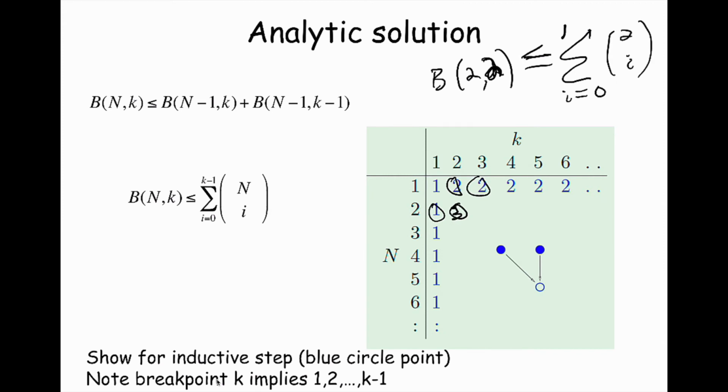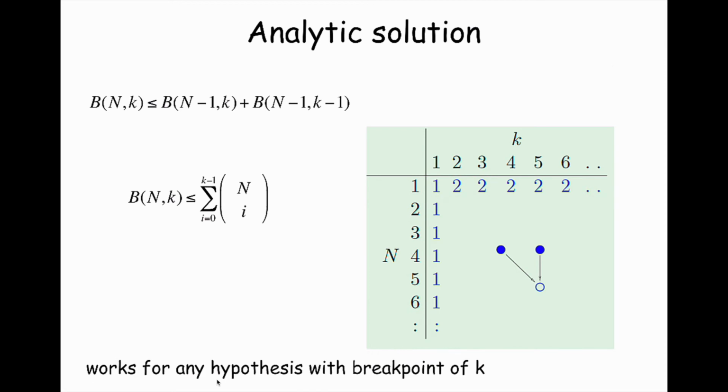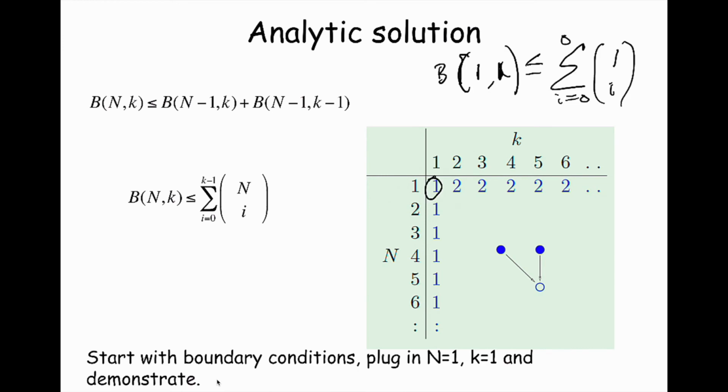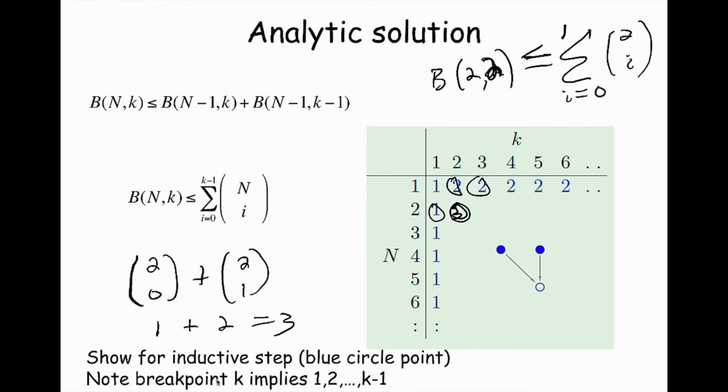All right, so that's going to be 2 choose 0 plus 2 choose 1. Well, 2 choose 0 is just 1. 2 choose 1 is 2. 1 plus 2 equals 3. Guess what? It matches exactly what we had from before when we had the combinatorial argument there, right? Okay, so we know it works for the base case, and we've shown that it works for the inductive case, this equivalence. And so, all right, well, yeah, then it must hold true.